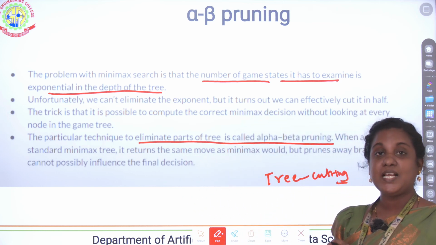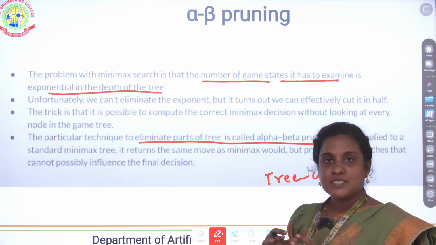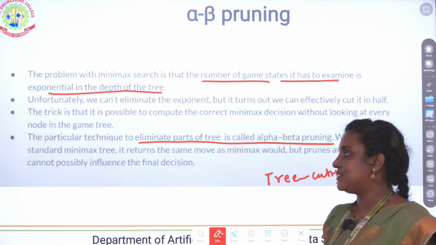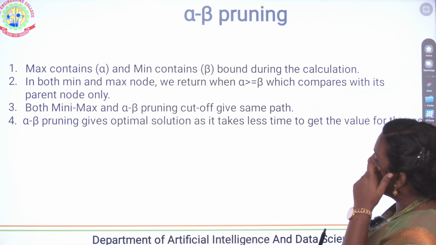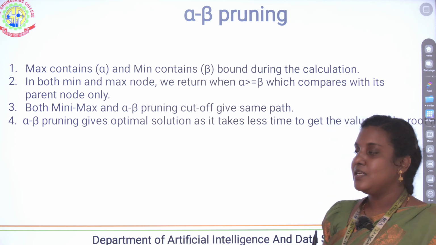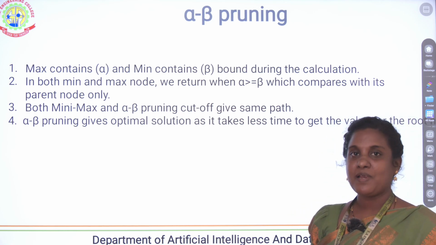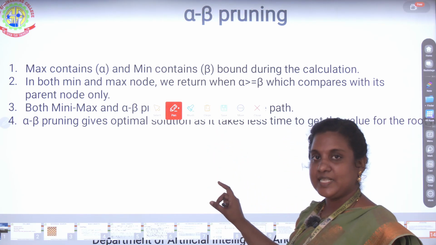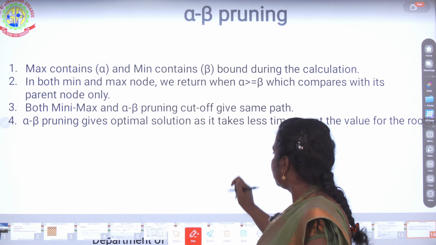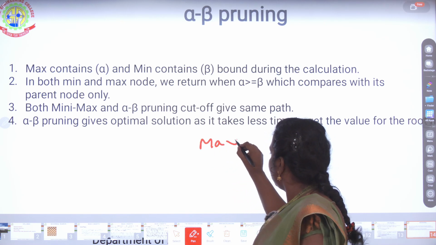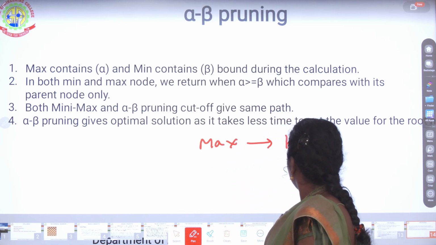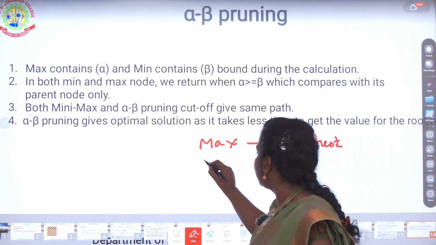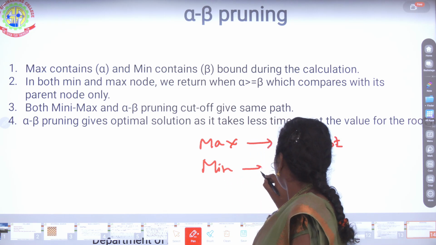Pruning means it will prune some of the nodes which are unnecessary to compute the path. So alpha beta pruning works like the Minimax algorithm. Max always deals with the maximum value. Min always deals with the lowest value.